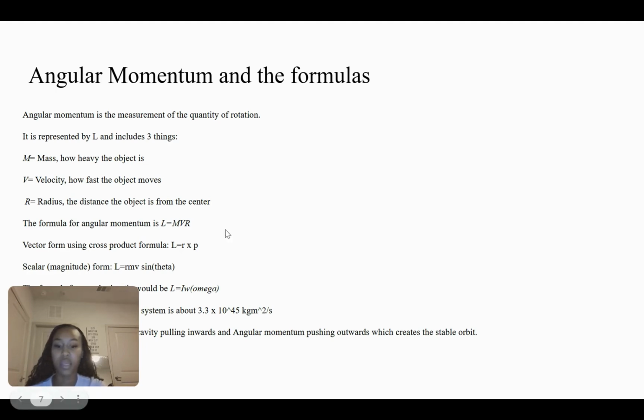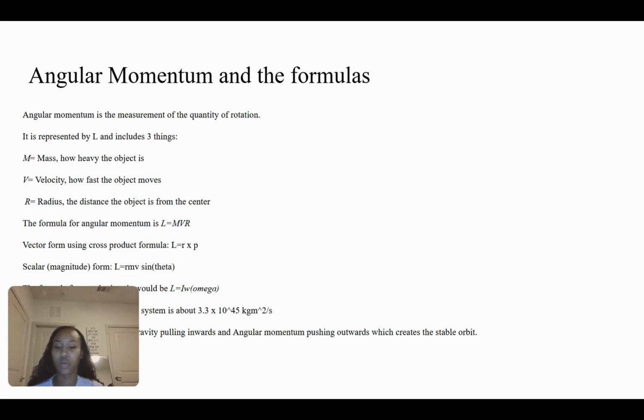And the formula for spinning objects like planets would be L equals I times omega, moment of inertia times angular velocity.